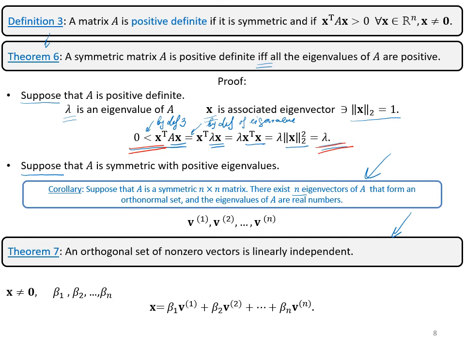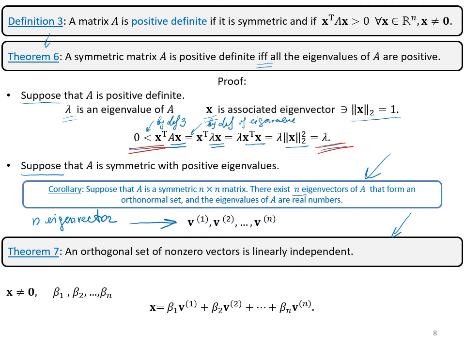So, assume that our n eigenvectors are v1, ..., vn, and this set forms an orthonormal set by this corollary. At the same time, there is another theorem that an orthogonal set of non-zero vectors is linearly independent.